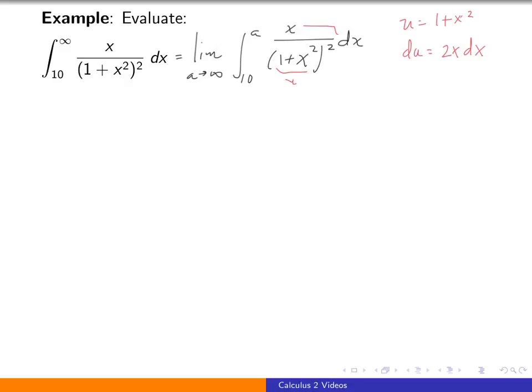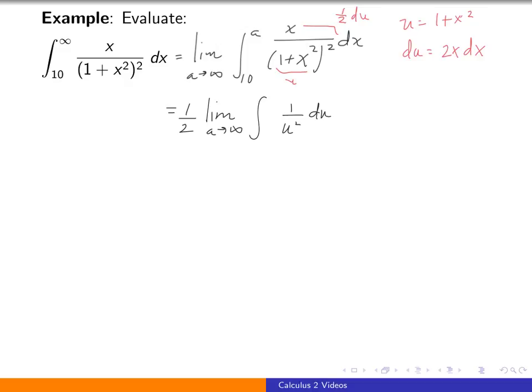The x dx in the top is going to be 1/2 du. We can think of the 1/2 as pulling out in front of the integral, and in fact you could even think of it as pulling all the way out in front of the limit. So what we're going to be integrating is 1 over u squared du.